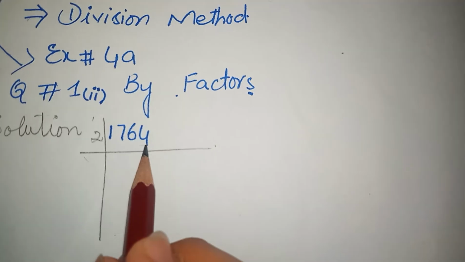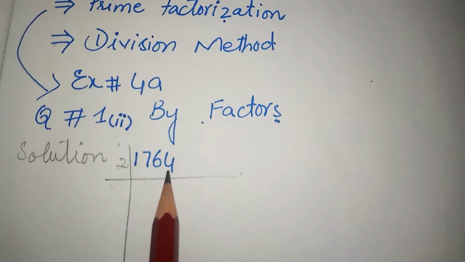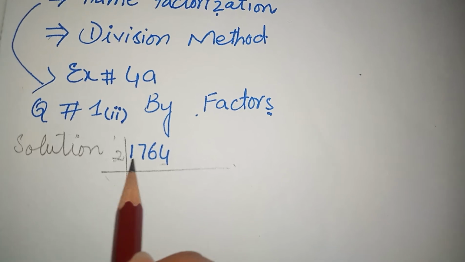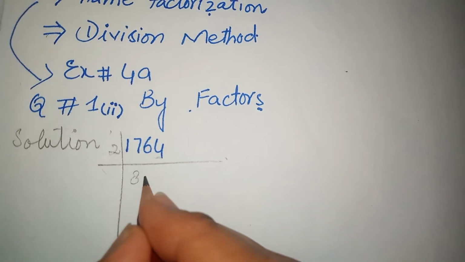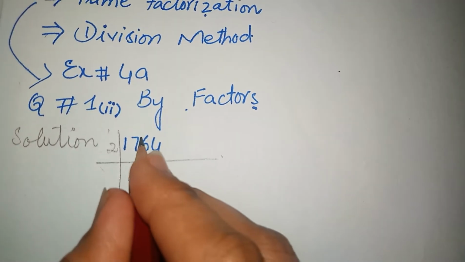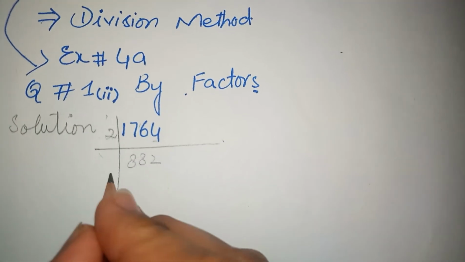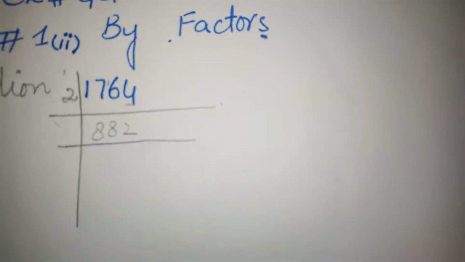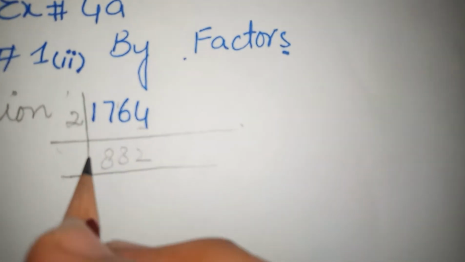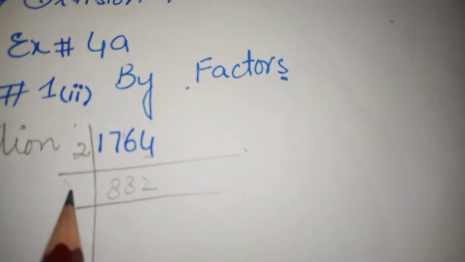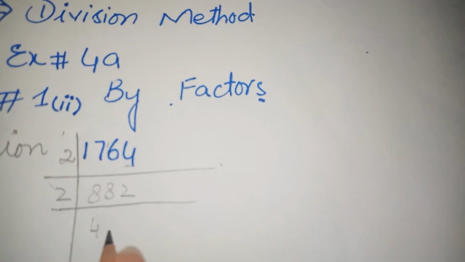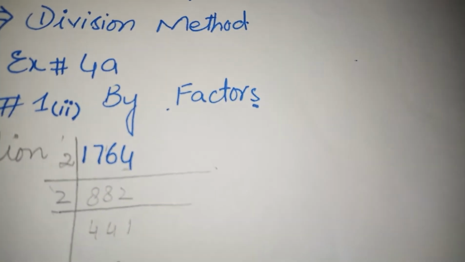As you know, this number is an even number, so we start from 2. 2 8s are 16, 2 8s are 16, and 2 2s are 4. Then again an even number, so 2 4s are 8, 2 4s are 8, 2 1s are 2.